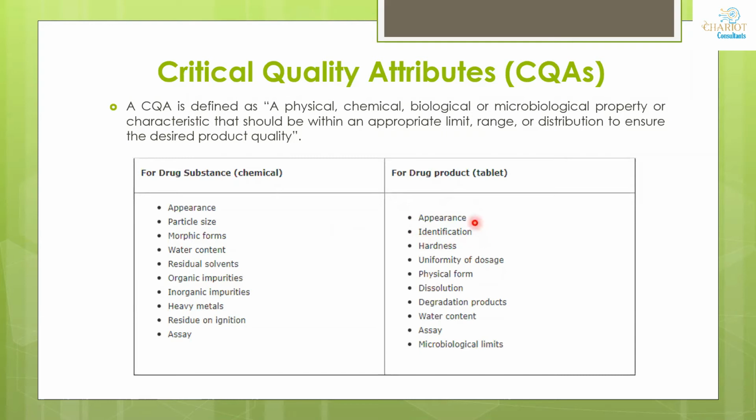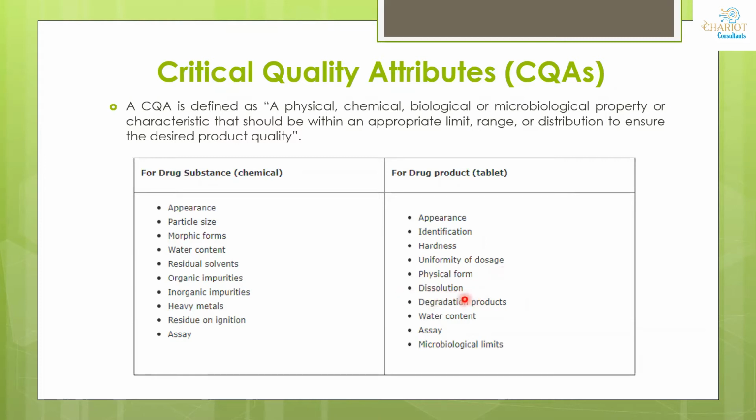The identification, hardness, uniformity of dosage, I mean per unit dosage form, what is the uniformity of API content. The physical form: whether you are observing any cracks when you are keeping the tablets in stability, is there any change in the physical form, or in your XRD values, is your polymorphic form changing during stability.